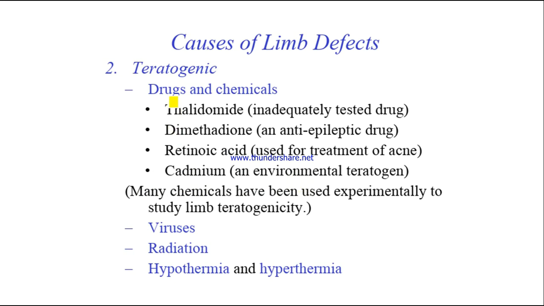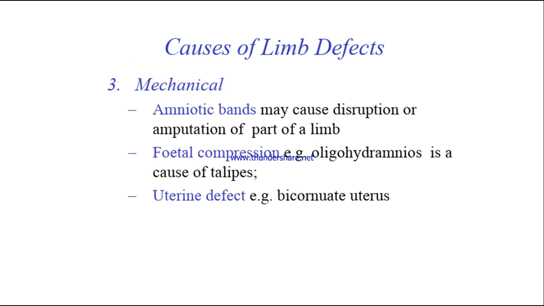We've got teratogenic drugs and chemicals such as thalidomide, which was an inadequately tested drug, and there are other drugs that have come out over the years that have caused some of these teratogenic effects, including cadmium. Many chemicals have been used experimentally to study limb teratogenicity, as well as viruses, radiation, hypothermia and hyperthermia.